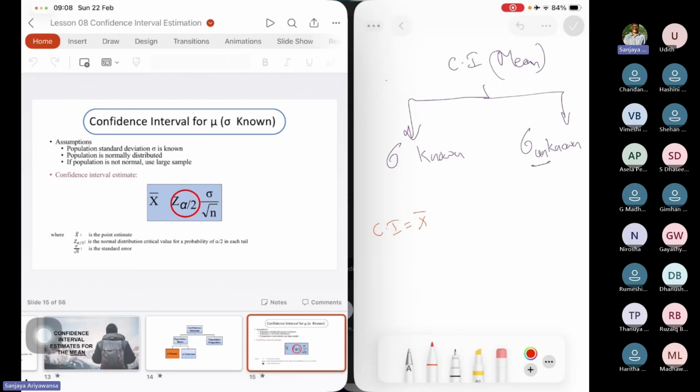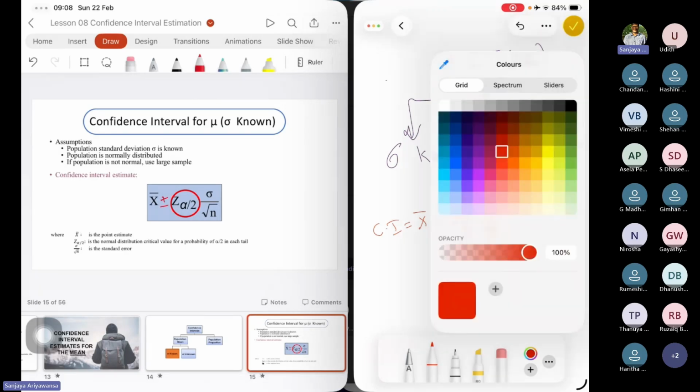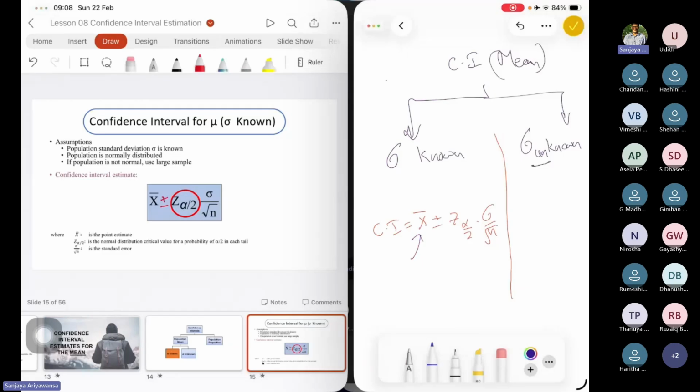It should be x bar plus or minus z alpha over 2 times sigma over root n. That was the equation when sigma was known. This x bar was your point estimate, and sigma over root n was your standard error in this context.